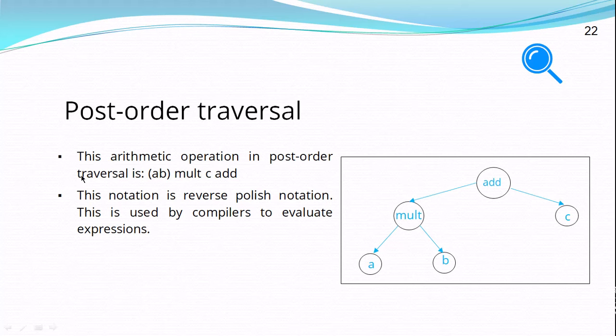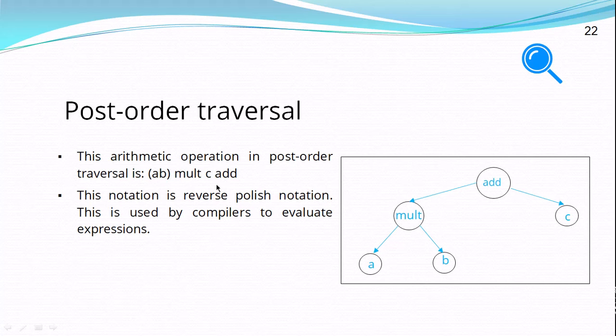Okay, so in computer science, sometimes you find an arithmetic operation in the form of multiplying A with B, and then adding the result of multiplying A with B to C, and you write the expression that way. And the way in which you write it is quite unintuitive.